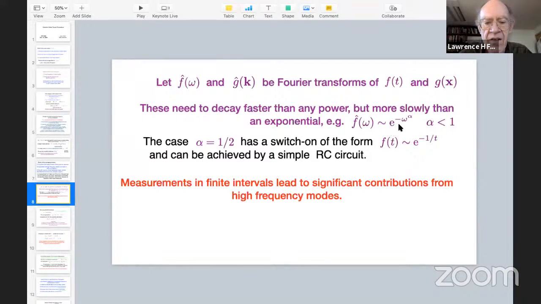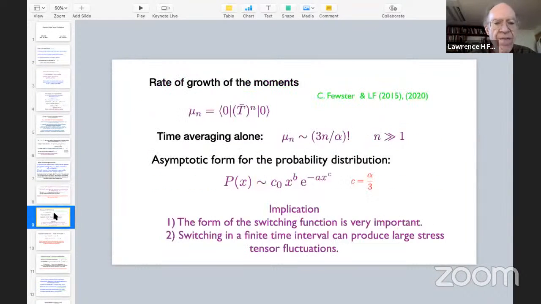And that's just a matter of simple Fourier analysis. So measurements in finite intervals may lead to significant contributions from the high frequency modes. And that's going to play an important role in what I'm going to talk about next.